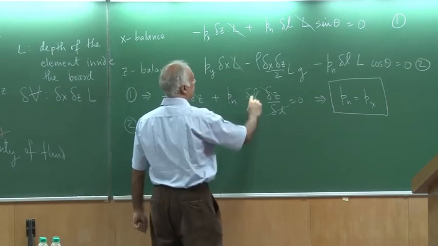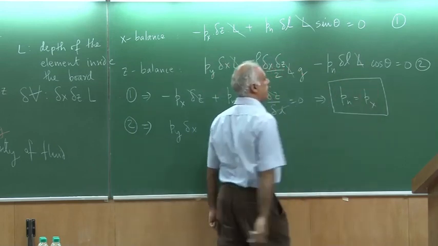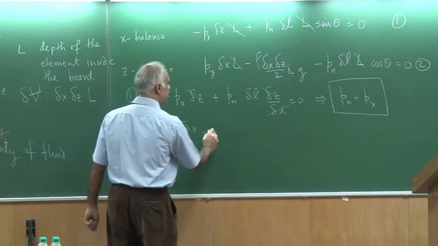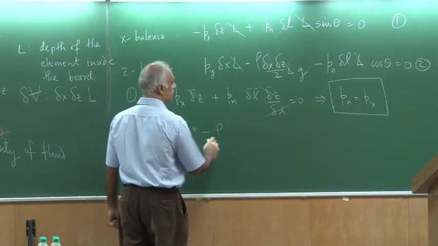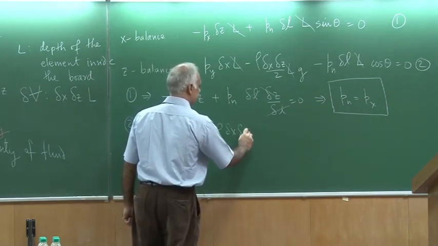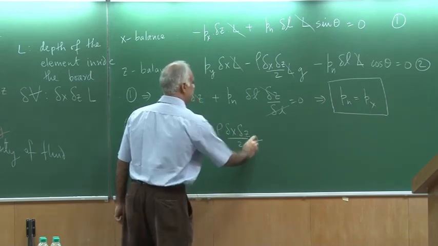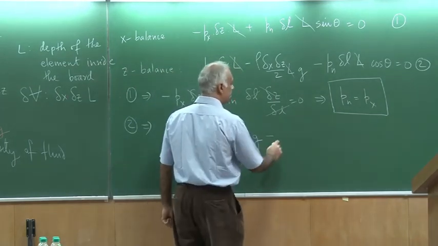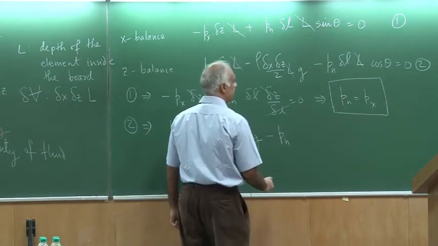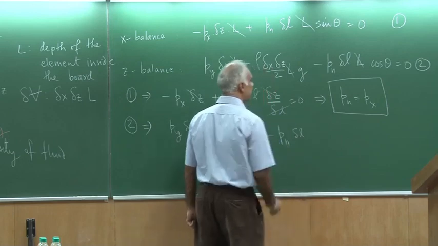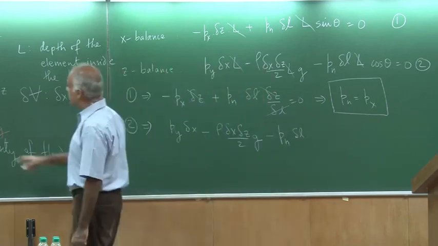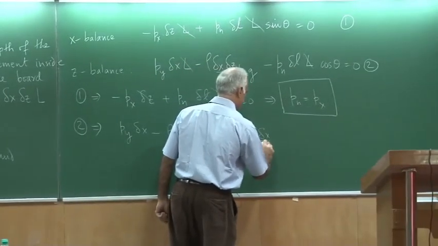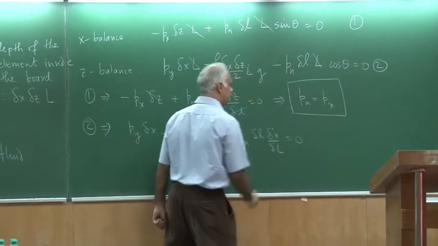I am already going to cancel out this L, and minus rho delta x delta z by 2 g, that is the second term, and then the last term is minus Pn delta l, and cosine theta from this triangle I could write as delta x by delta l. This is 0.